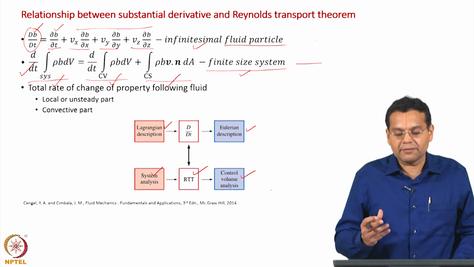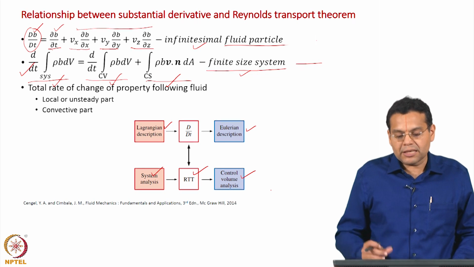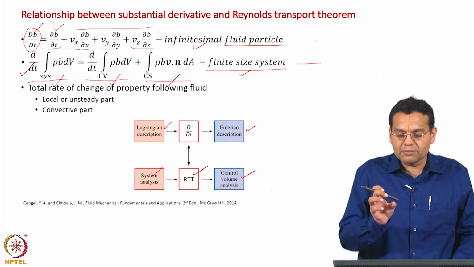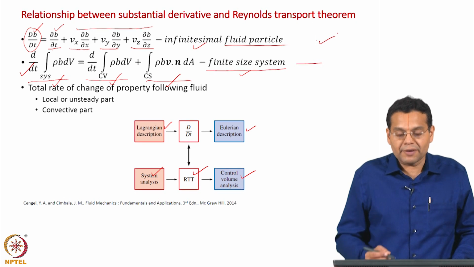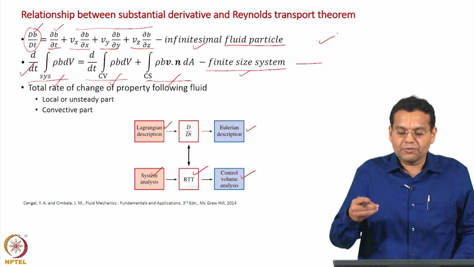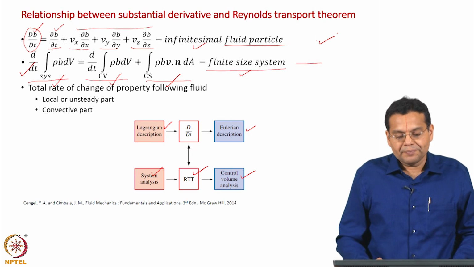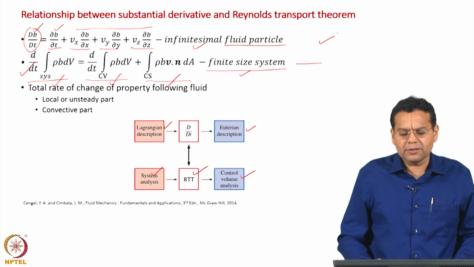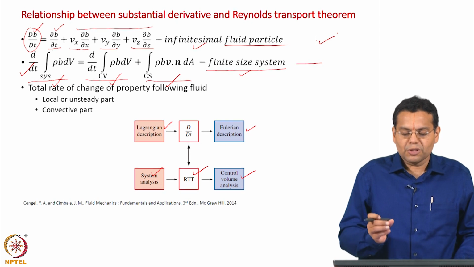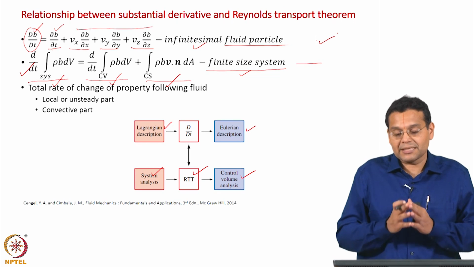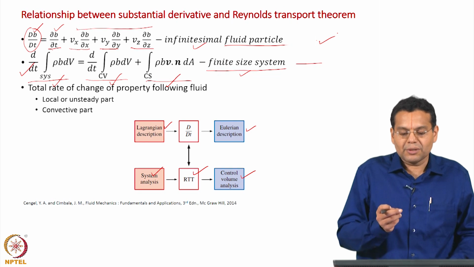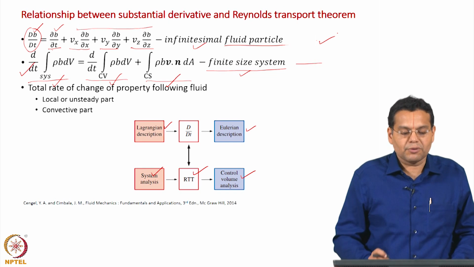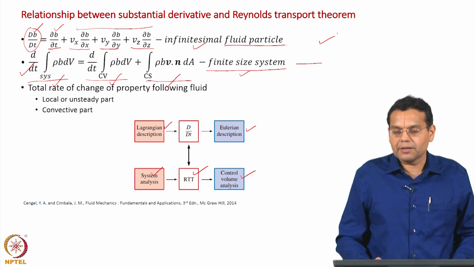Now, looking at the other way, suppose you take the Reynolds transport theorem and make the volume shrink to 0, you will get the substantial derivative. In fact, that can be mathematically proved. So, if you want to go from Reynolds transport theorem to the substantial derivative, you shrink the volume to 0. So, you have a finite size system, there are several fluid particles, you make it 0, which means you will have only one fluid particle, and that is what the substantial derivative represents.